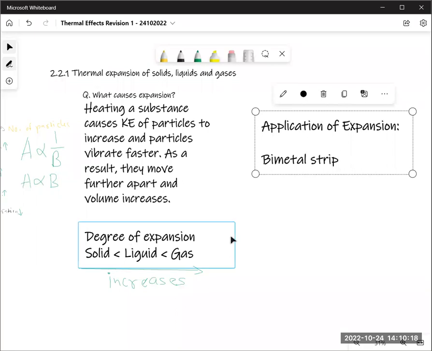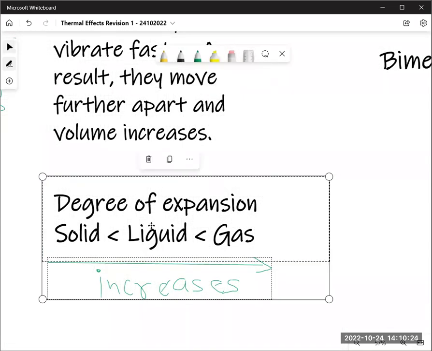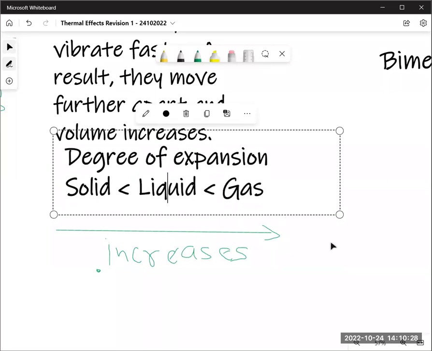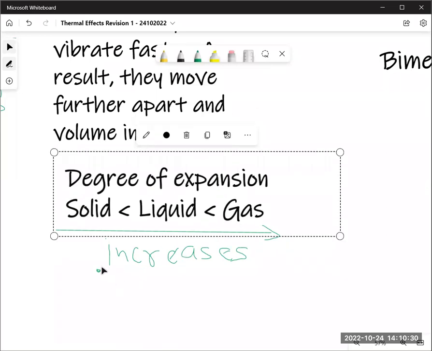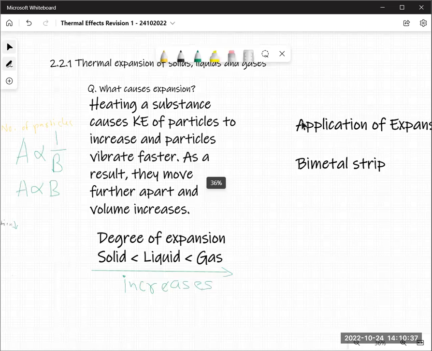So gas expands the most, liquid is in the middle, and solid is the least. Is that clear?